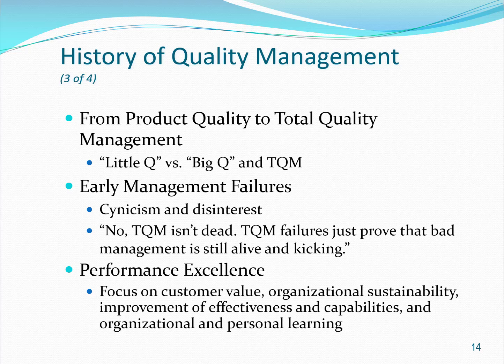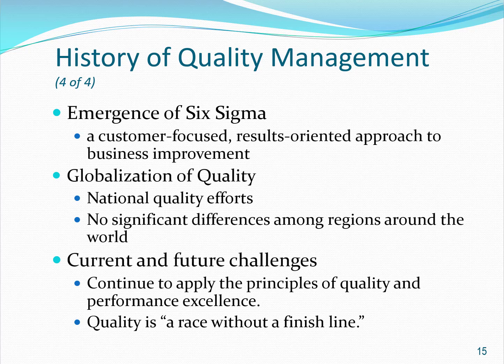That essentially means a focus on customer value, organizational sustainability, improving effectiveness and capability of processes and products, and organizational and personal learning. And with that, we get into the emergence of Six Sigma, focused on customers, results oriented, improving the business. We've already discussed Six Sigma in one of the previous modules.